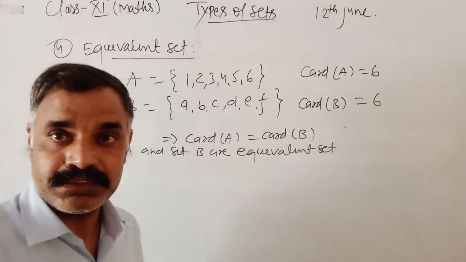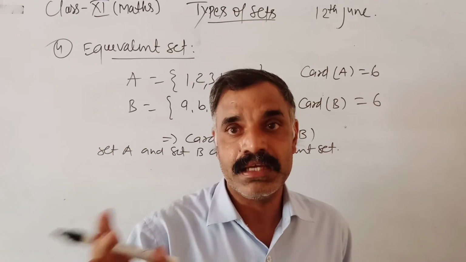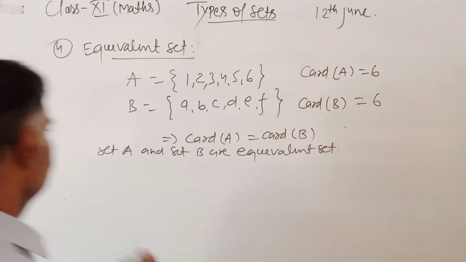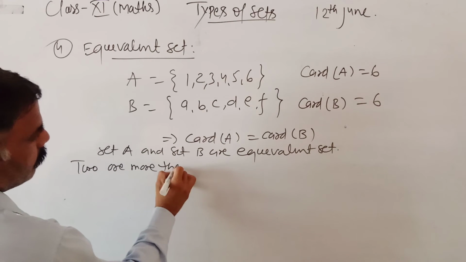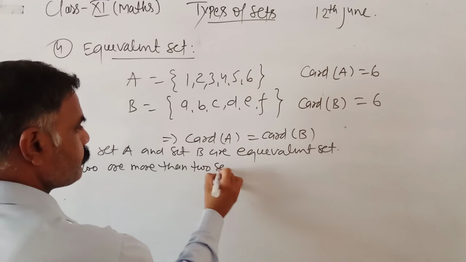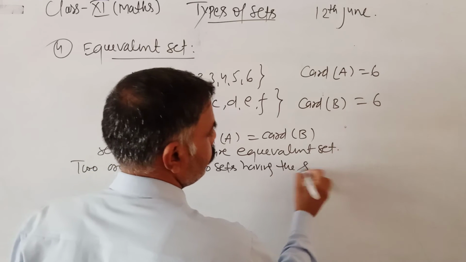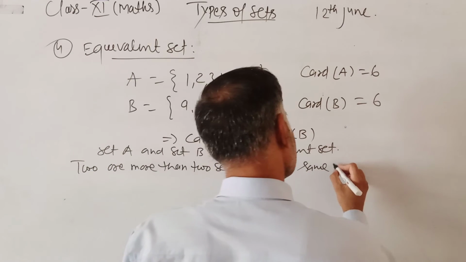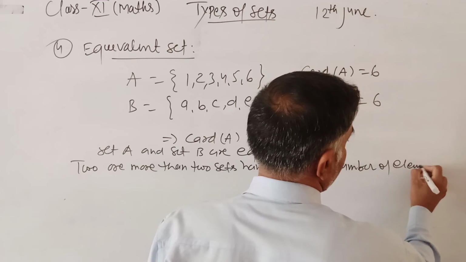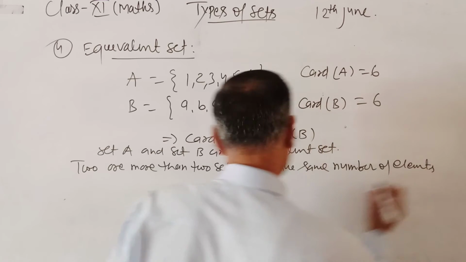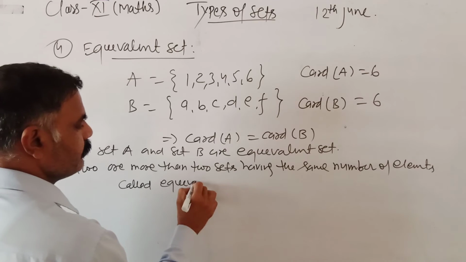So what is the definition of equivalent set? Two or more than two sets having the same cardinal number, the same number of elements, are called equivalent sets.